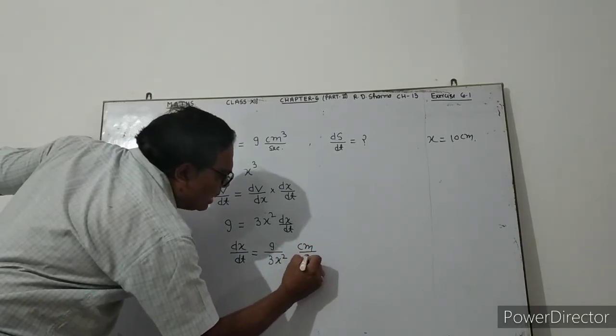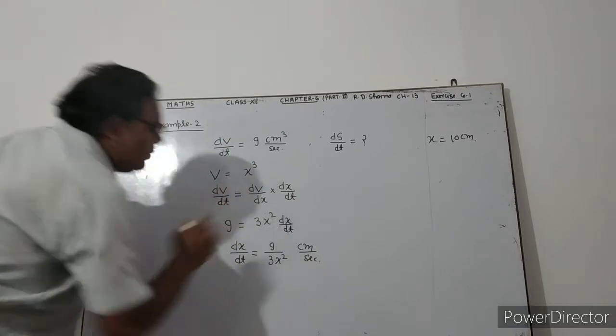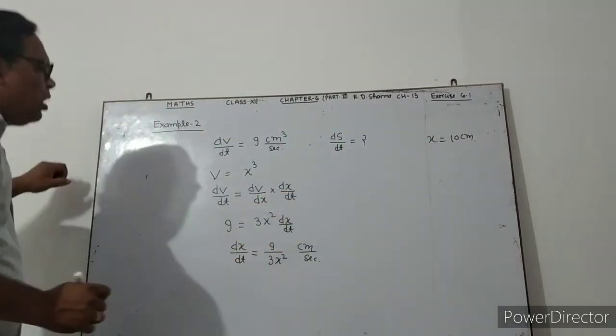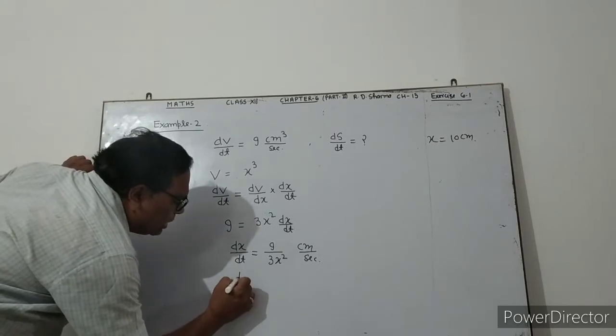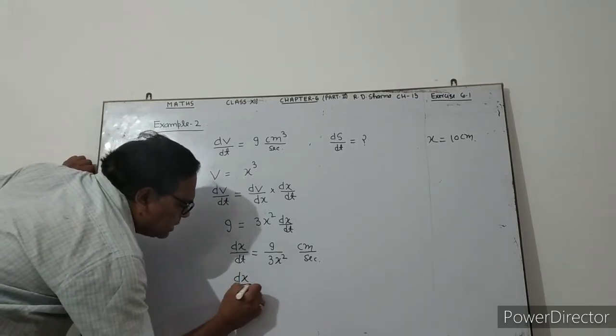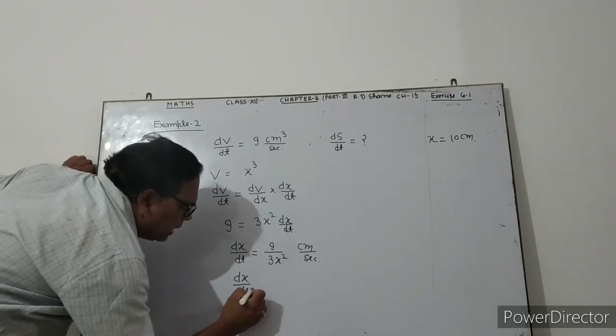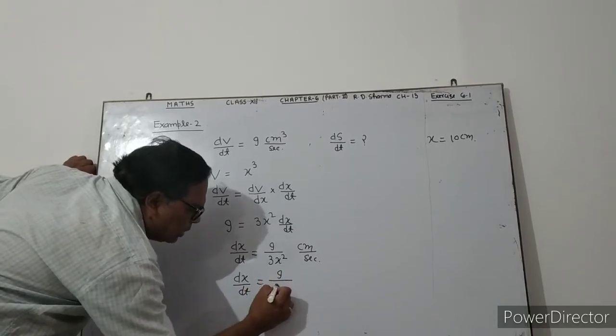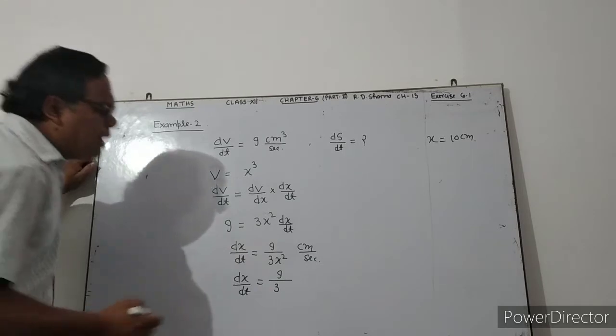What is the unit? Centimeter per second. Now, the value of x is given. Then dx upon dt equal to 9 upon 3 x square. What is the value of x?